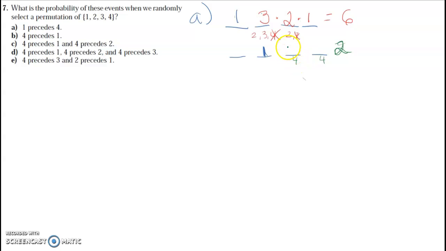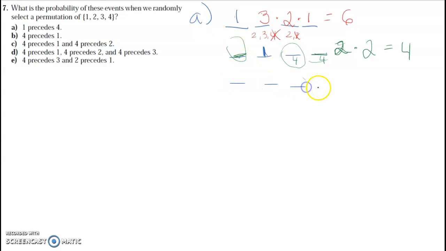Let's say 4 ended up in the third place. Then the remaining numbers, 2 and 3, could be either here or here. So that's another 2 choices. If 2 is here, it must be 3 there. Another option is if 3 is here, then 2 gets to be there. So if we multiply this, we have a total of 4 outcomes.